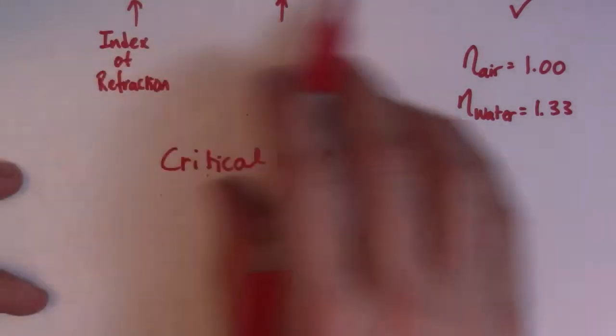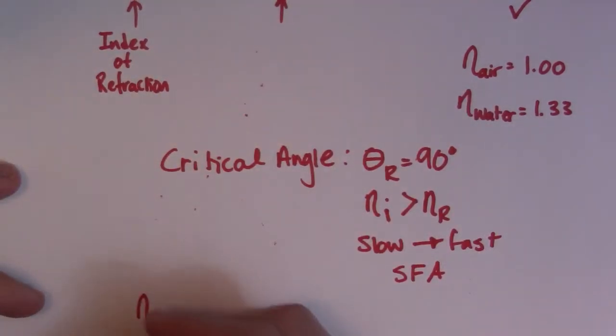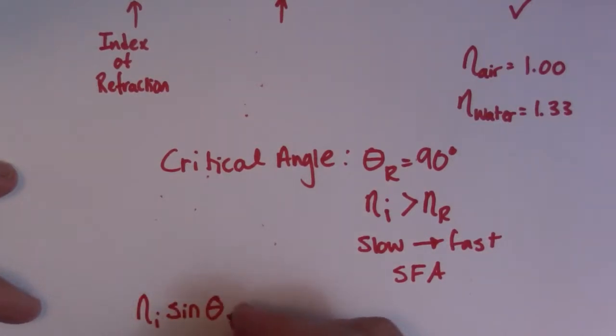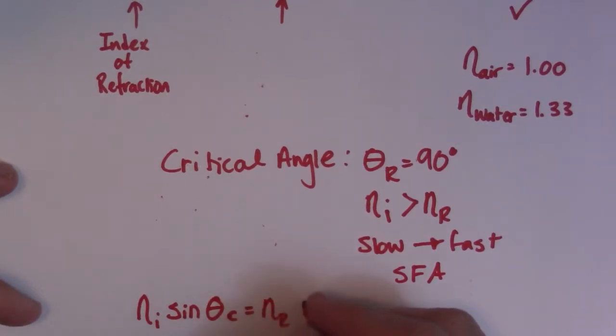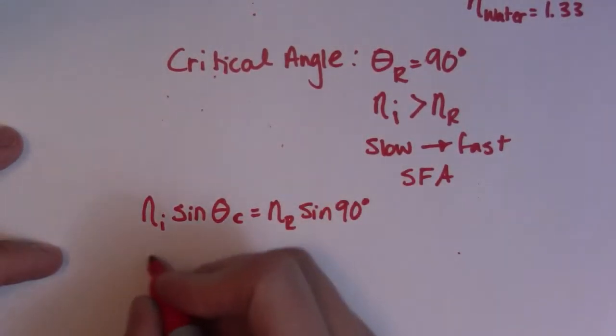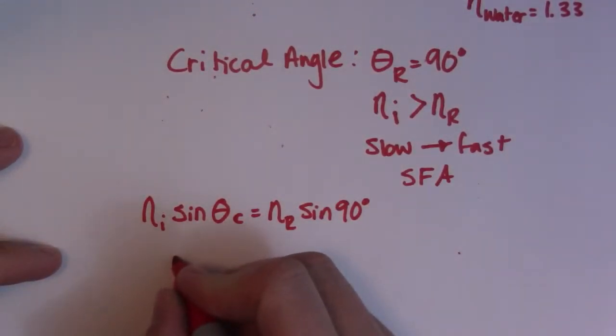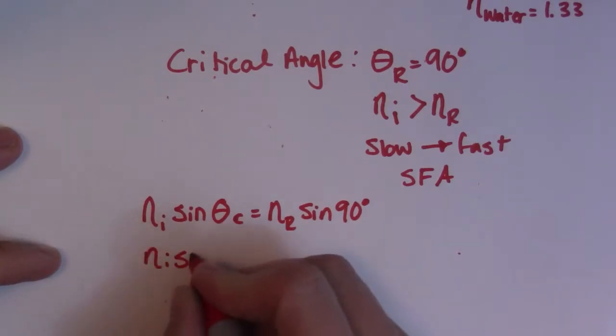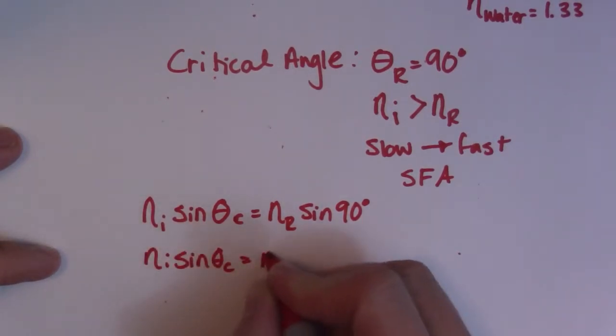So I reduce this formula down to Ni sine theta c, I call it theta c this time instead of theta i, is equal to Nr sine of 90 degrees. Now the thing about sine of 90 is that it's always equal to 1. So really, we can write it like this: Ni sine theta c is equal to Nr.